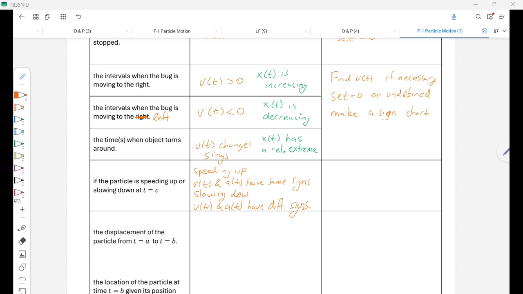And we talked about this the first time we did particle motion. If you're already traveling to the right, positive velocity, and your acceleration is being pulled to the right, that is going to speed you up. Likewise, if you're already going to the left and acceleration is pulling you even more to the left, that's going to speed you up. So same signs is going to speed you up. Otherwise, if those signs are a mismatch, you're going to be slowed down.